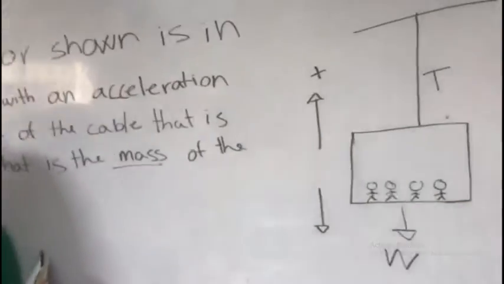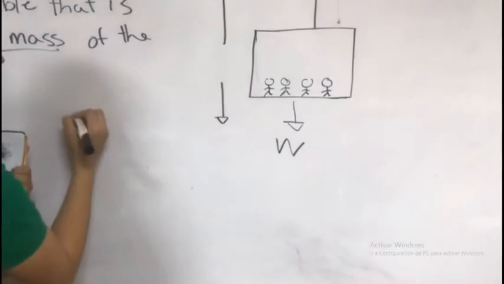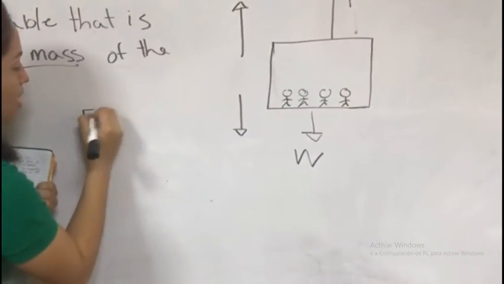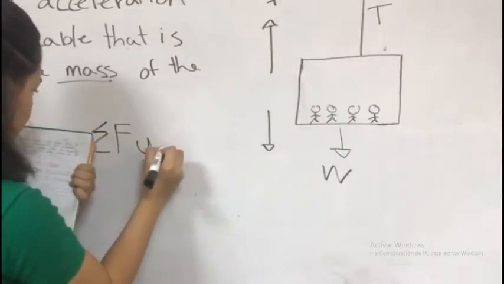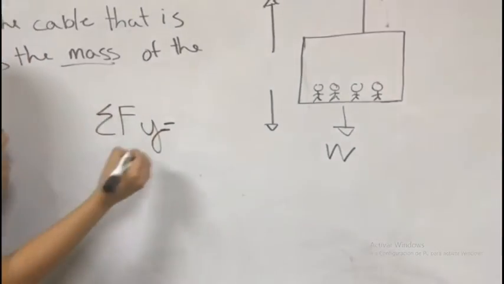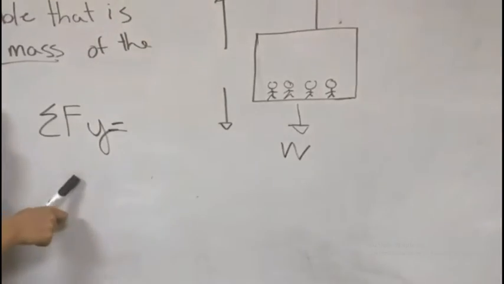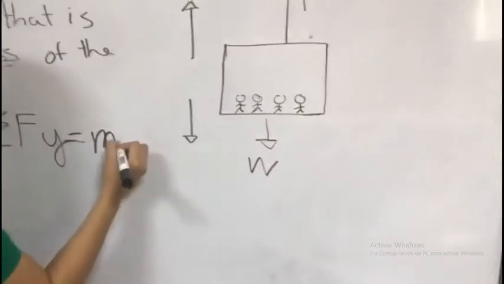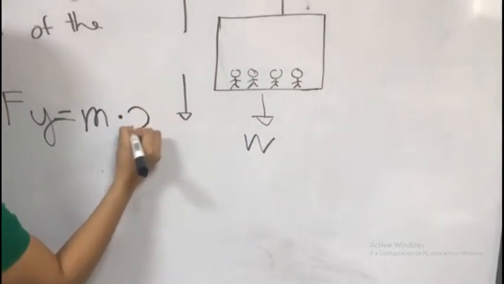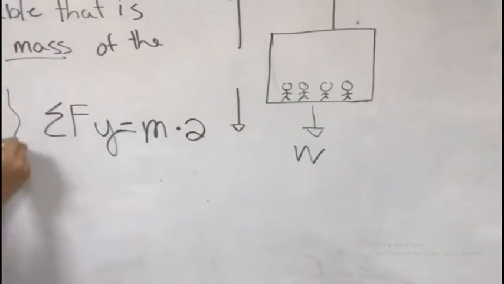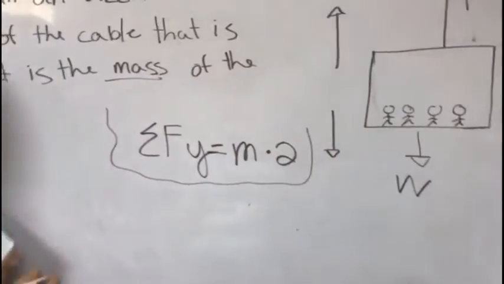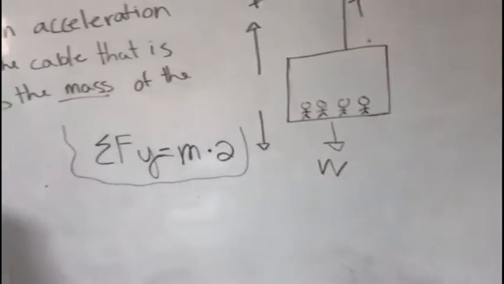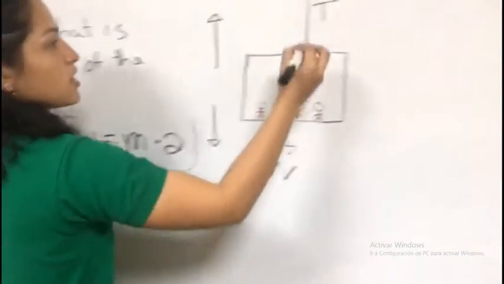First we need to make clear the forces that are in y. So we put right over here forces in y. We need to put forces in y equal mass times acceleration. So this is the formula. Then we can see very clearly that we have tension in y.